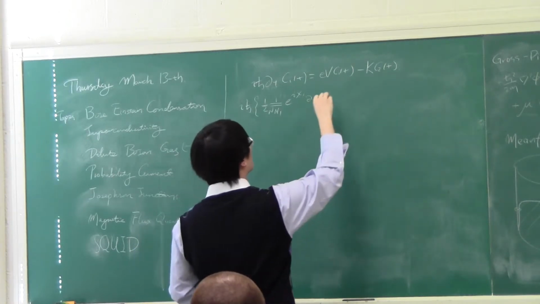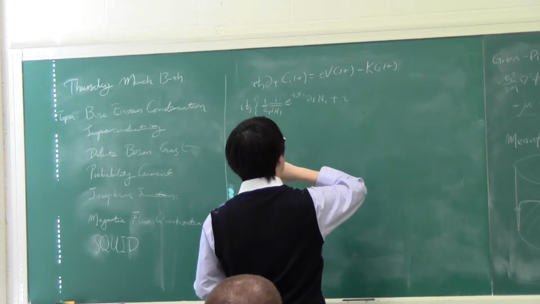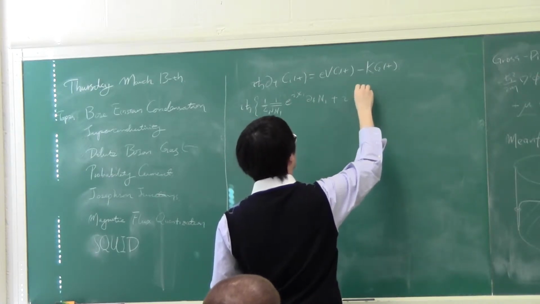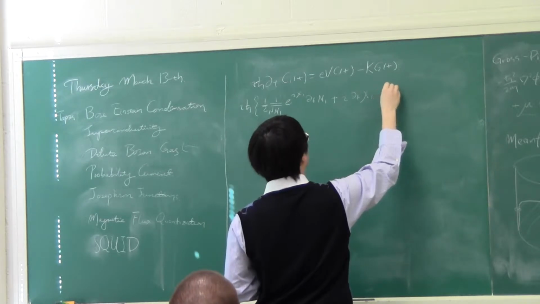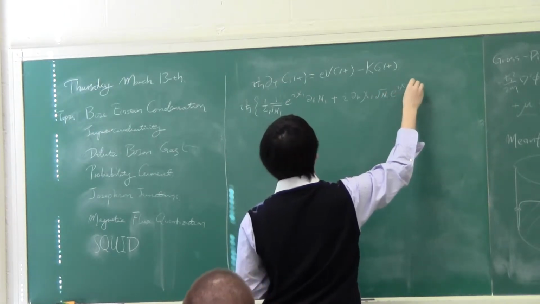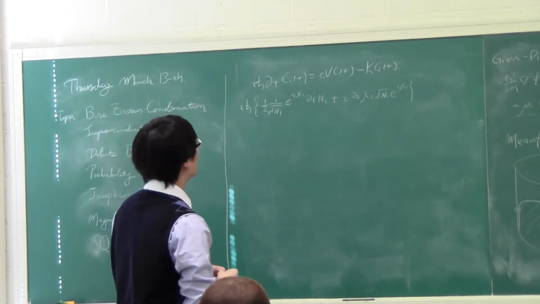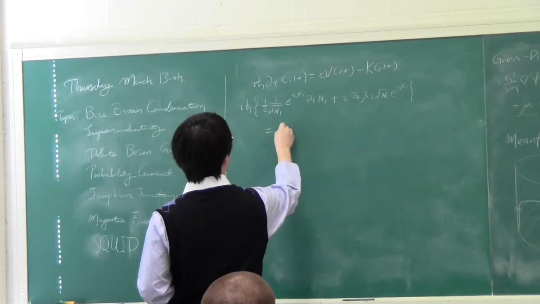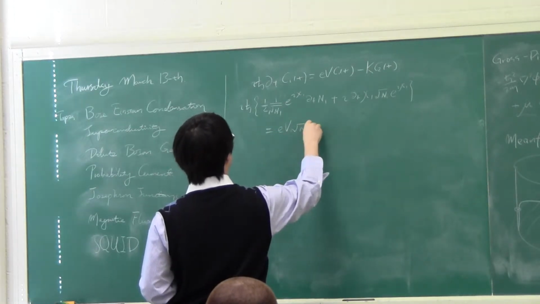This is the first term, and then you get an imaginary part, which is correct. This is equal to eV, writing everything out.